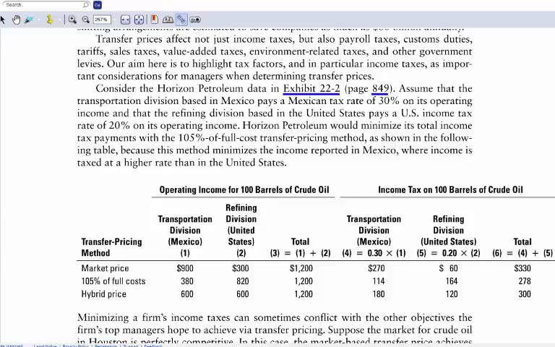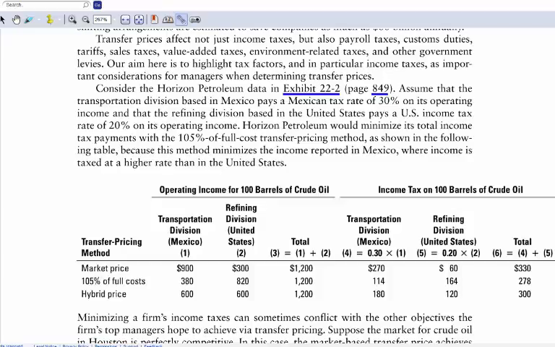Again, you guys need to make absolutely sure that you are able to not only process the differences in the subunits or division operating income differences based on a particular transfer price like you've seen in this video, but you also need to understand how these tax implications will change the decision that the company makes in regards to the transfer pricing that they're going to use between two entities.